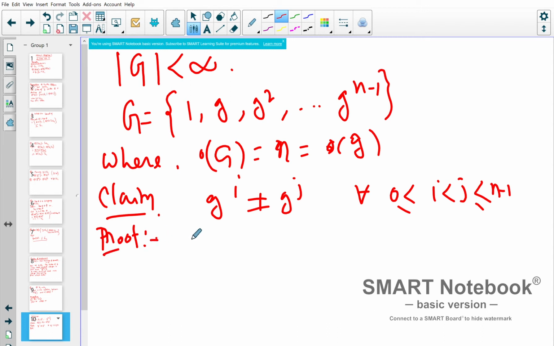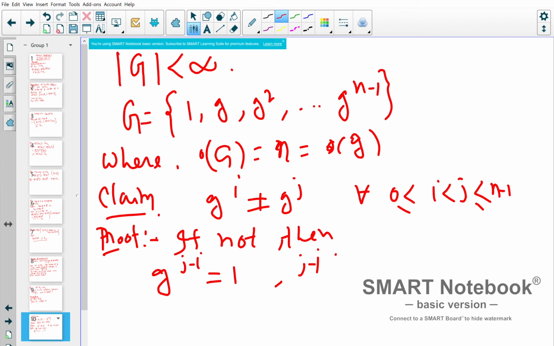So if not, then g power j minus i equals identity, and j minus i is still less than n, right?